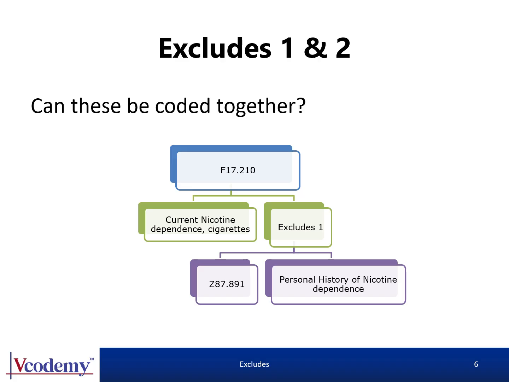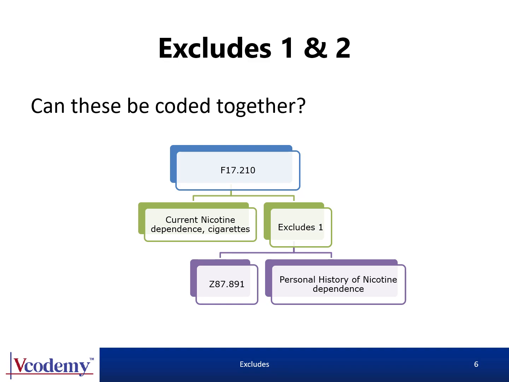So F17.210 and Z87.891 cannot come together. You will find this Excludes 1 note under Z87.891. So under Z87.891 you have an Excludes 1 for F17.210.